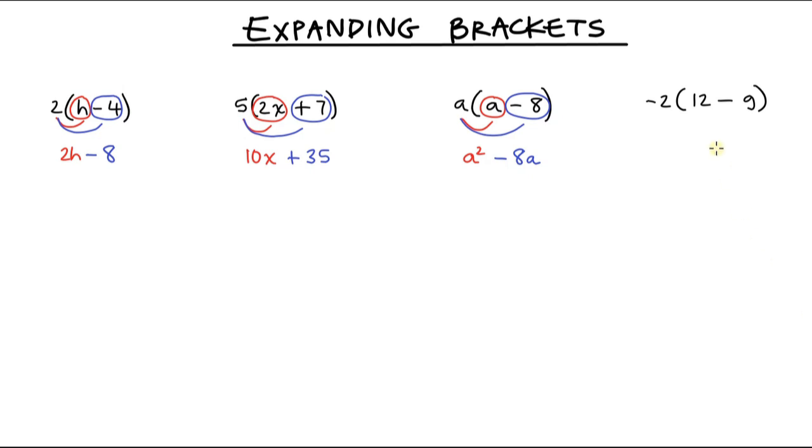And then finally, we've got a negative 2 outside our brackets. So first of all, we're going to multiply it by 12, and then secondly, we're going to multiply it by negative g. So what is negative 2 times 12? That will be negative 24. And then secondly, be really careful with this because we've got negative 2 and we're multiplying it by negative g.